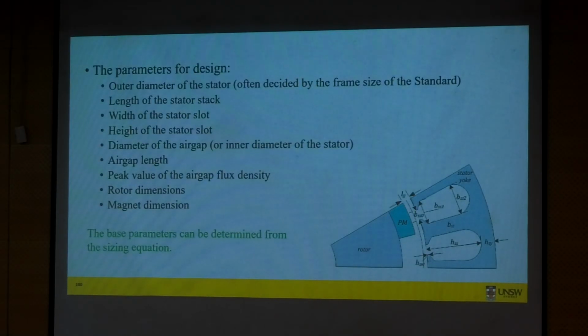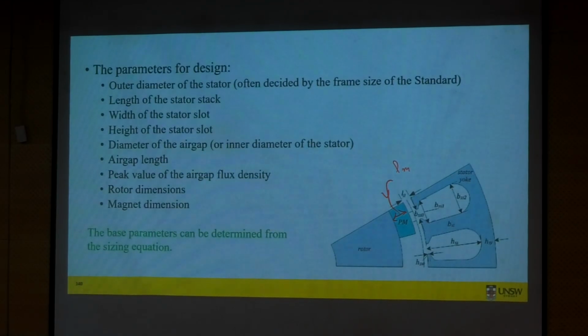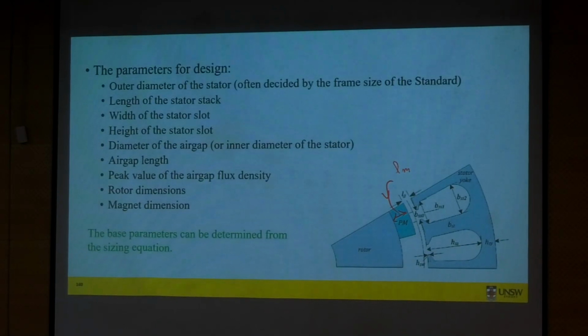We may also want to determine the permanent magnet's size, okay? The width here is the LM parameter that we discussed last time. This is for the surface type, that's your LM basically, and for IPM it's again the same.